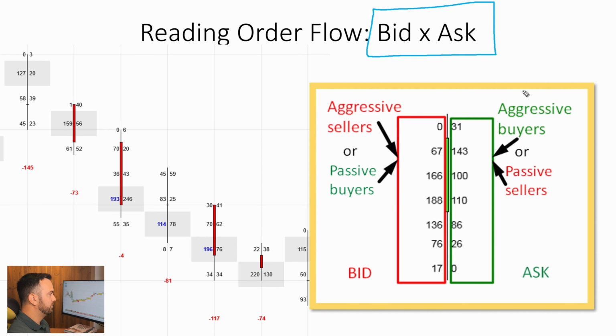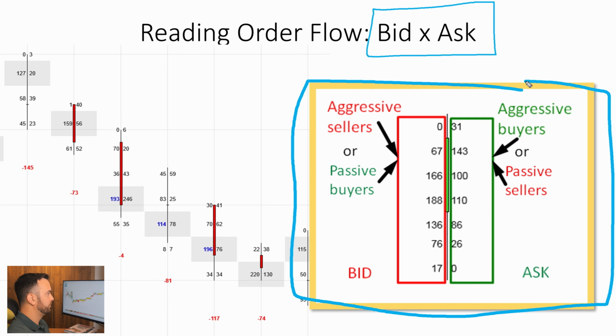So if you look at this footprint right here, at this picture, the left side of the footprint is called bid, and the right side is called ask. Many people think that on the bid side there are only sellers. So if somebody shows on the bid side, they must be sellers. It's not true. It's only half of it true. The bid shows aggressive sellers.